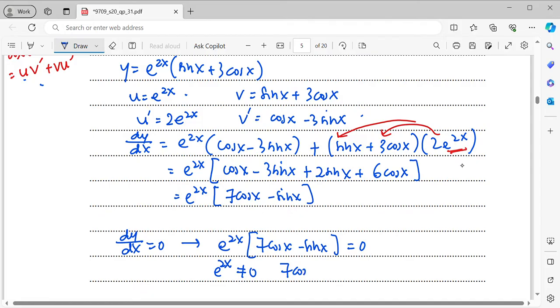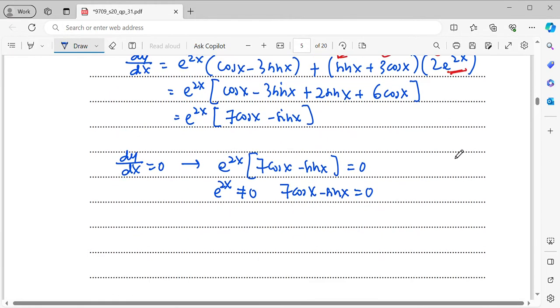Therefore, 7 cos x minus sin x must be 0. Okay, because for any exponential graph, it will be above the x-axis. So this is your exponential graph.